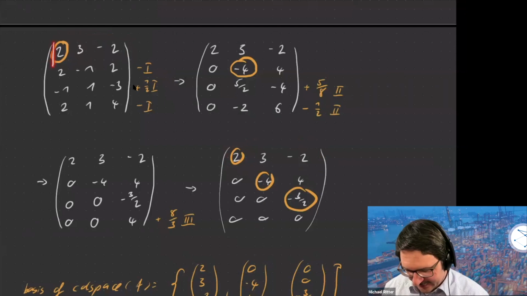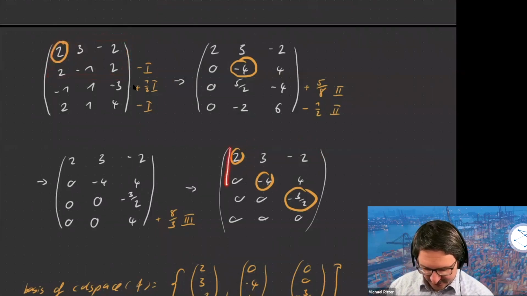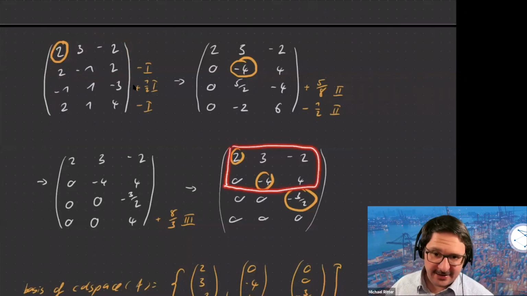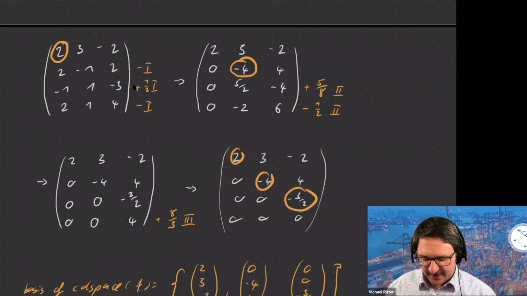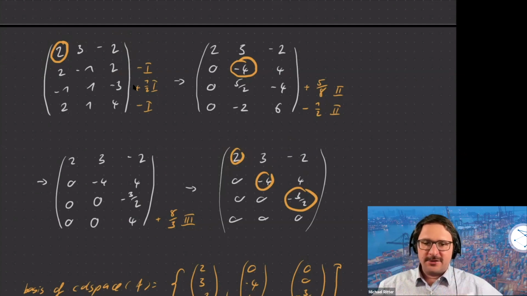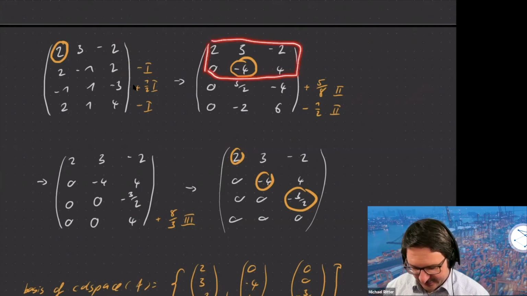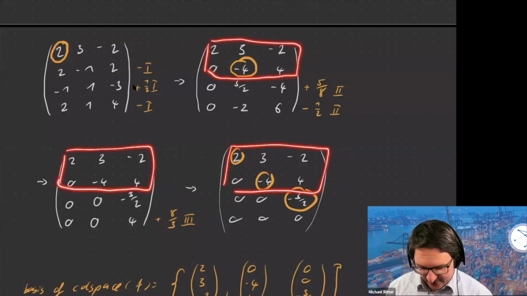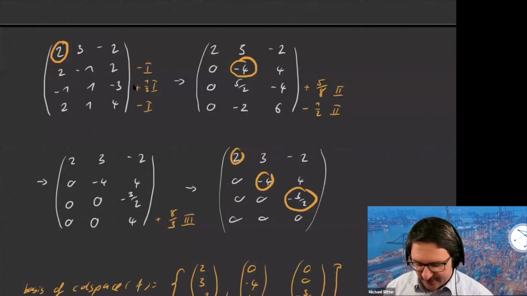If we're looking at the space spanned by the first 2 rows here and the first 2 rows here, the span of these will again be equal, because that second row here we only manipulated by adding multiples of the first row. So the span of these first 2 rows always consists of linear combinations of just the original first 2 rows. And the same is true for the next row.